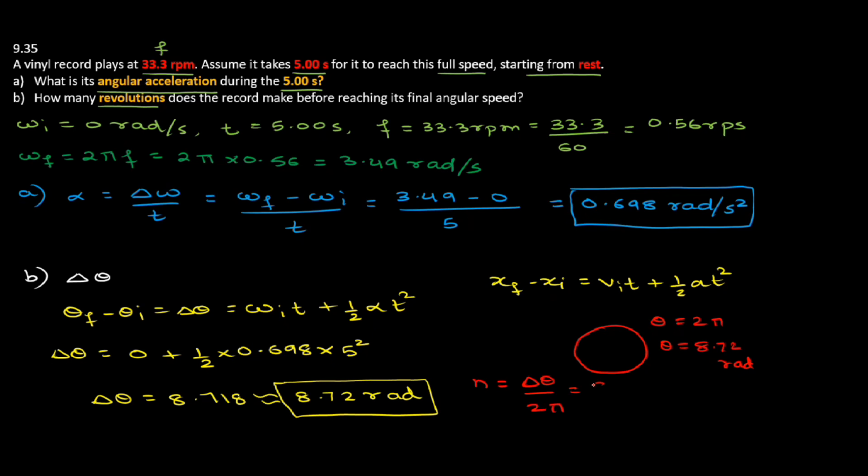So let's find that. 8.72 divided by 2 pi gives me 1.38 revolutions. So before coming to rest from its full speed, the record makes 1.38 revolutions. That is, it rotates 1.38 times before coming to rest.